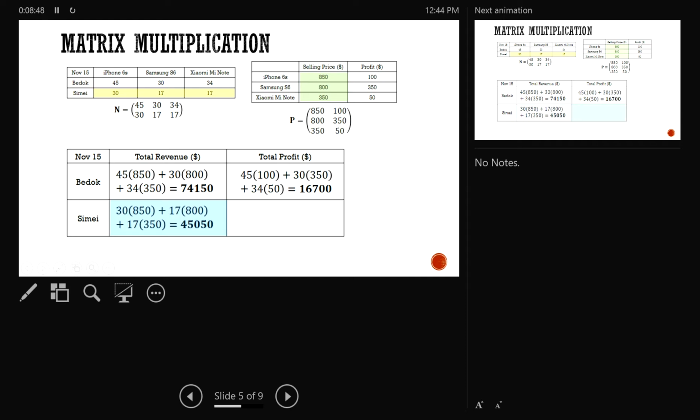And this is what we have. I'm sure you can do the last one by yourself. Second row, second column. Multiply them, 9,800.